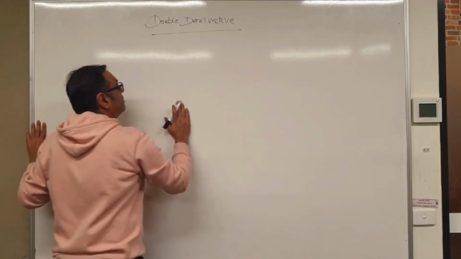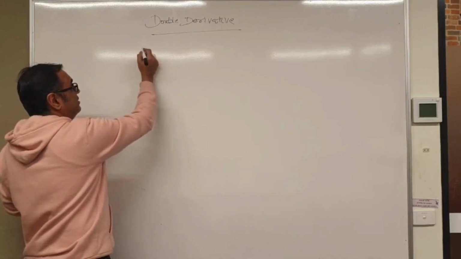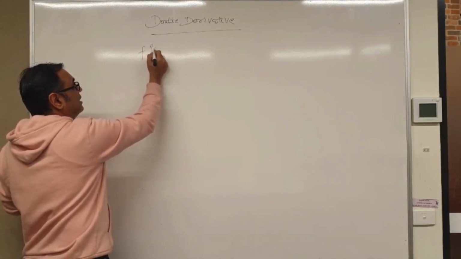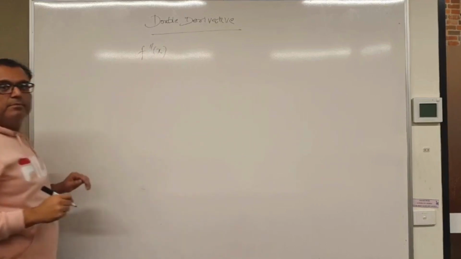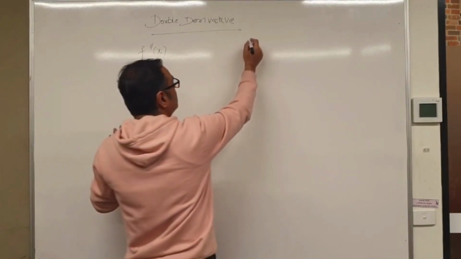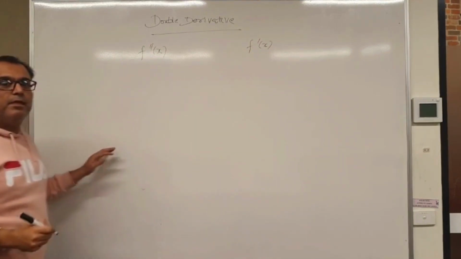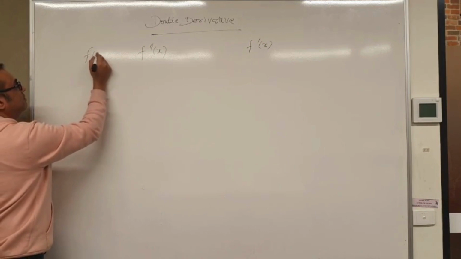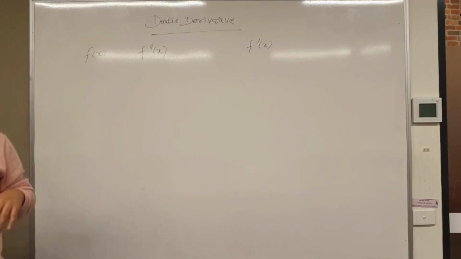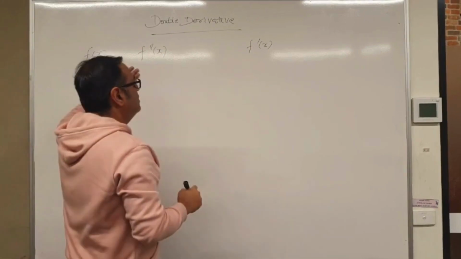What we are trying to find here is, Ryan, f double dash x. That's the double derivative. What's the single derivative? f dash x, if the function is f of x. This is symbolic, how you represent it.